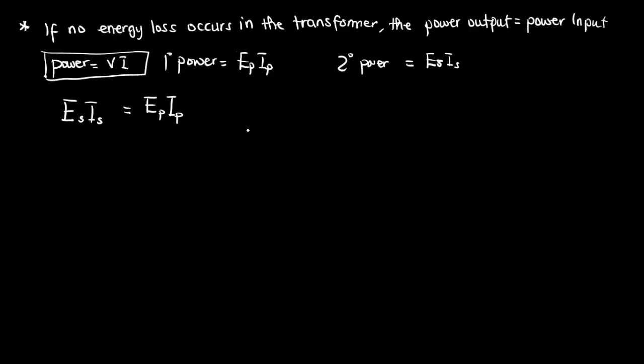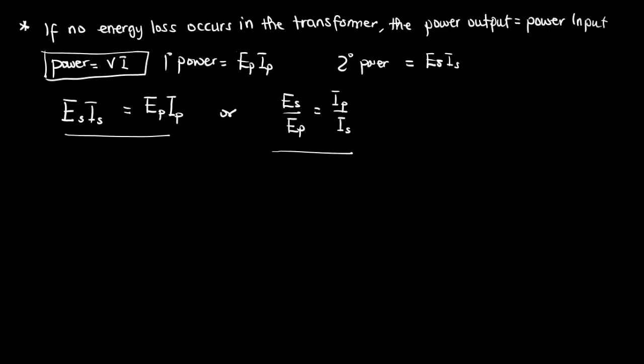Power input, or you can rewrite them as ES over EP is equal to IP over IS. So we are saying that it's either this or this, right?